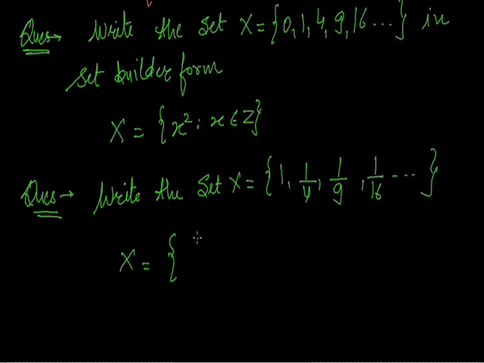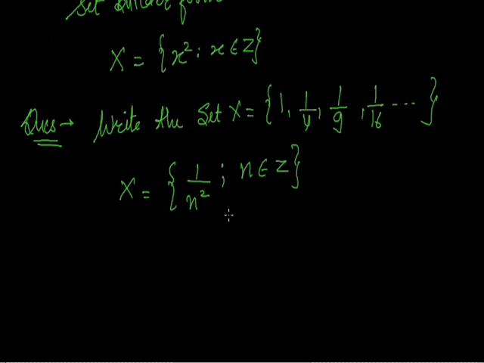So it becomes 1 upon n square, such that n belongs to integers. Why are we not using Z plus? Because if we write minus 1 by 2 square, it will also give 1 by 4. So we denote it by only Z. Both negative and positive integers can take place.